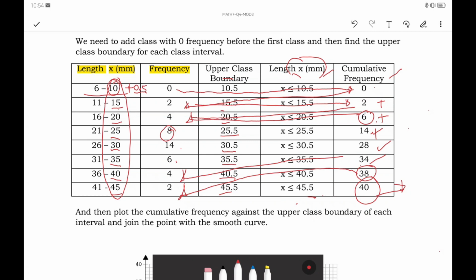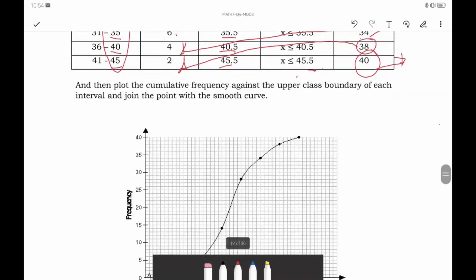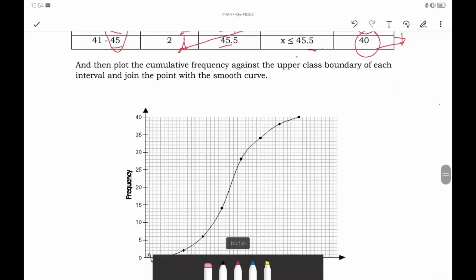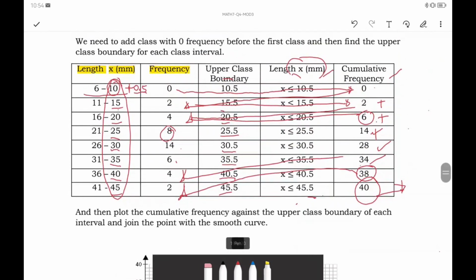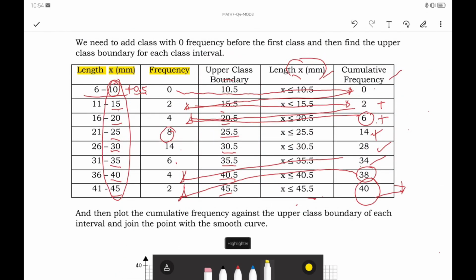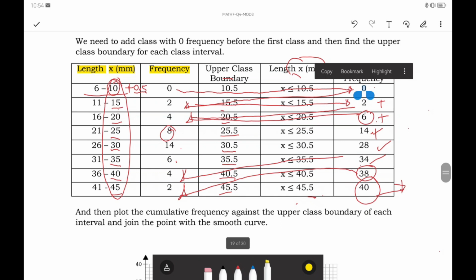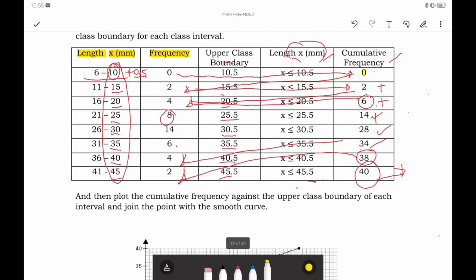Then plot the cumulative frequency against the upper class boundary of each interval and join the points with a smooth curve. So we have here now the ogive. For the length and the frequency, at 10.5 the frequency is 0, nothing occurs here.